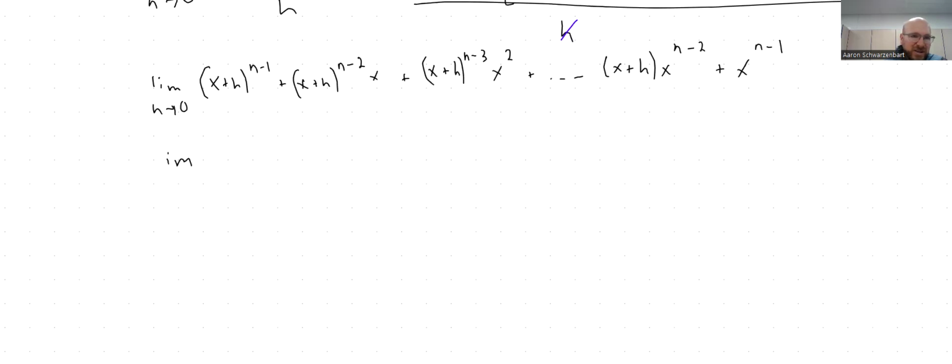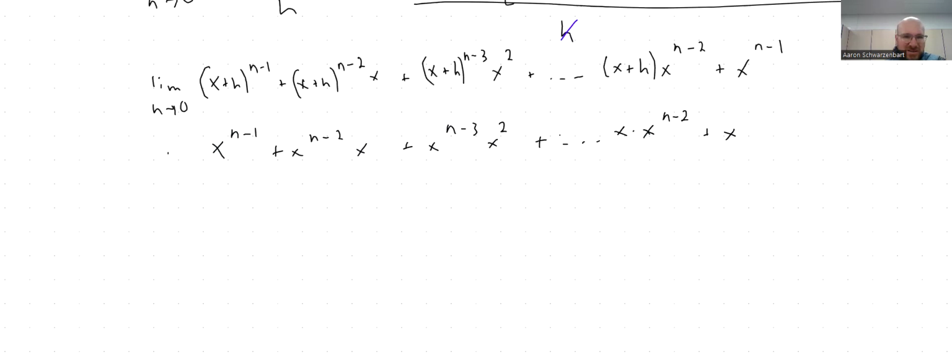Plugging in 0 for every h. So now I've got x to the n minus 1 plus x to the n minus 2 times x plus x to the n minus 3 times x squared, plus x times x to the n minus 2 plus x to the n minus 1.